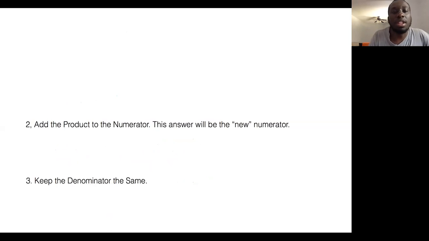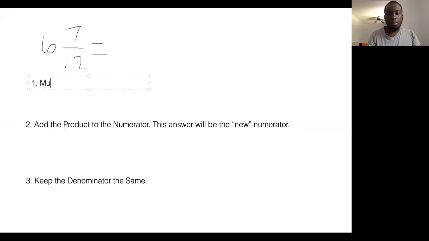Cool. So let's start with a new fraction. Let's do 6 and 7/12. And I want to convert this into an improper fraction. Step 1 is multiply the whole number by the denominator.